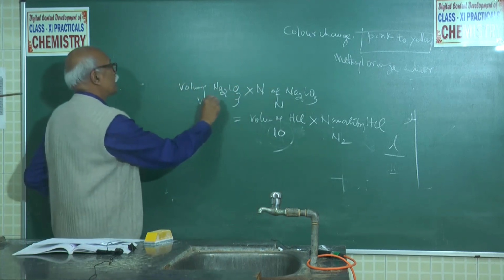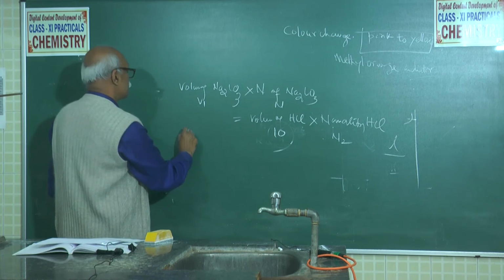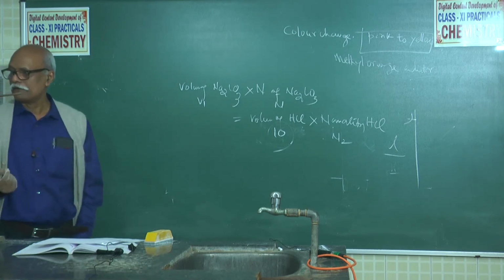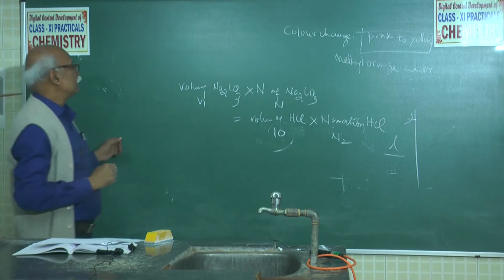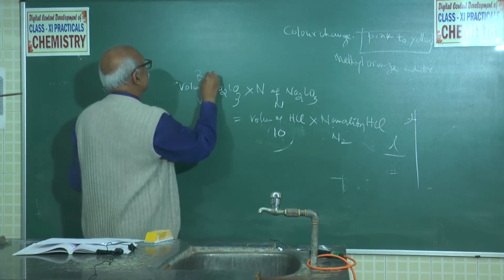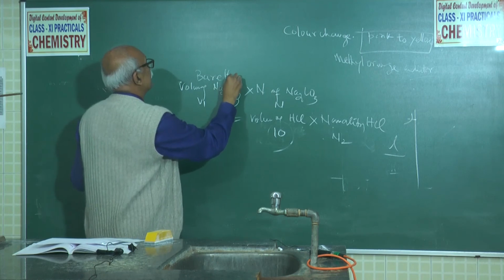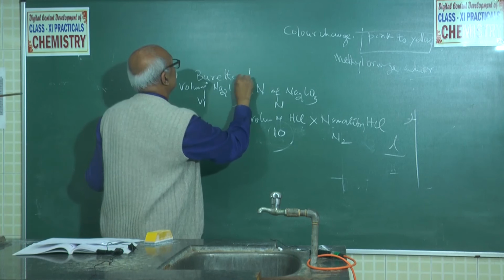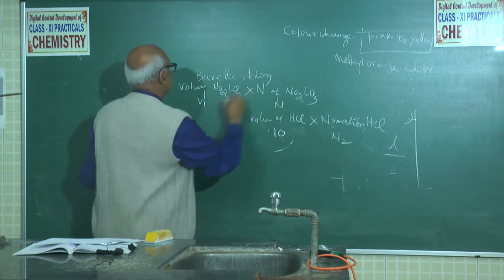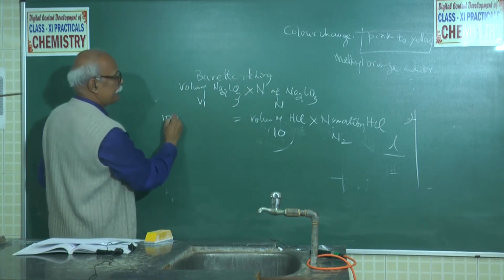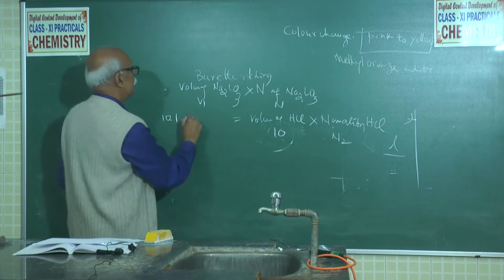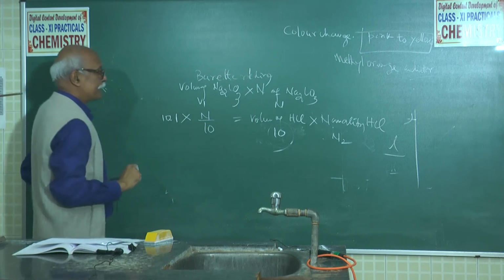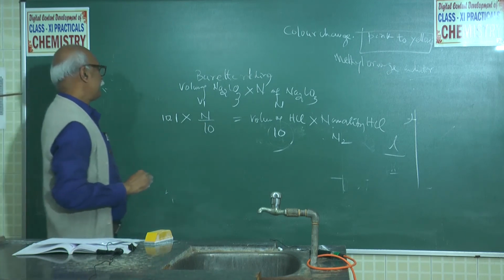Here the volume of sodium carbonate is V1, which is the burette reading, the titrant volume, and that comes to 10.1. And the sodium carbonate normality is N/10, which we have prepared.